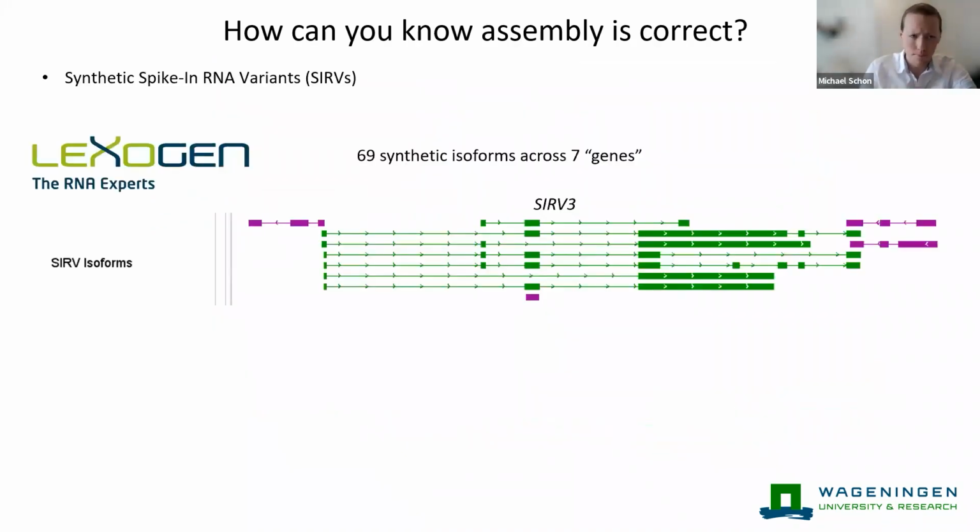And so, as you'll see later, LEXOGEN has produced a collection of synthetic RNA spike-in molecules that are designed to emulate various isoforms across seven synthetic genes. I'm showing how the structure of the SIRV3 isoforms look on the synthetic genome. And you can see that these molecules are designed to emulate different transcript variation types, such as exon skipping and intron retention.